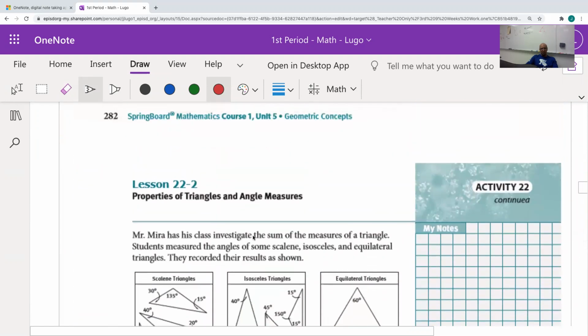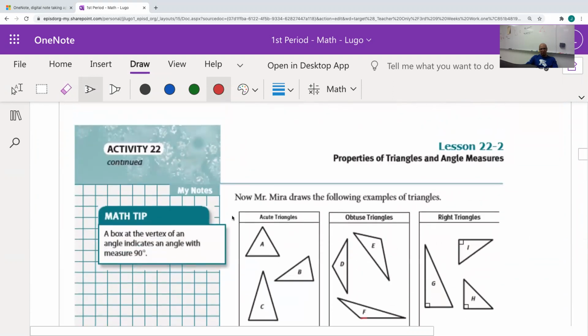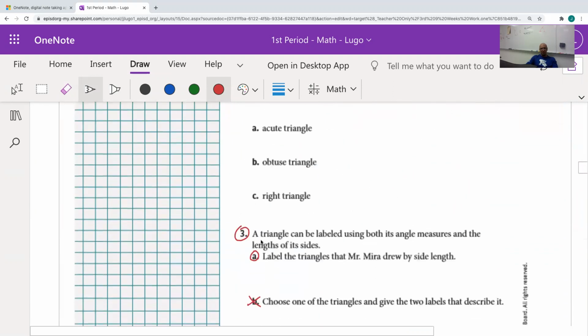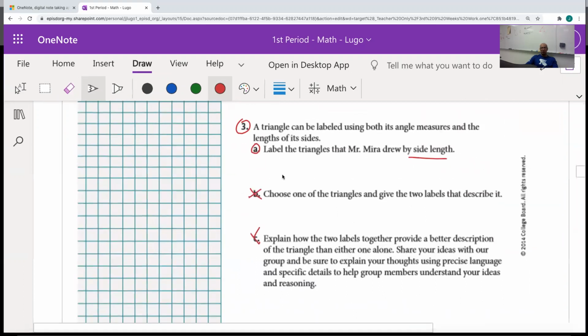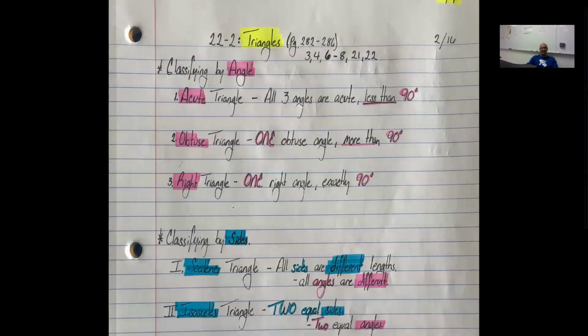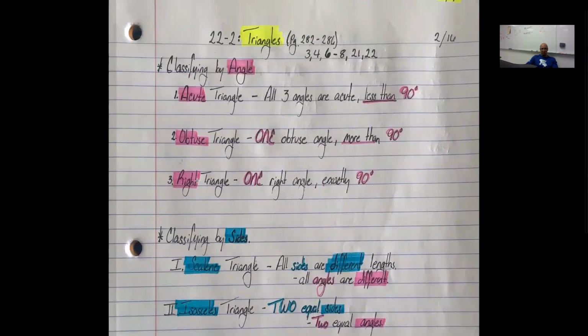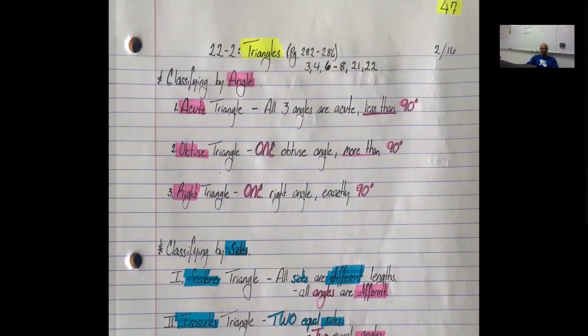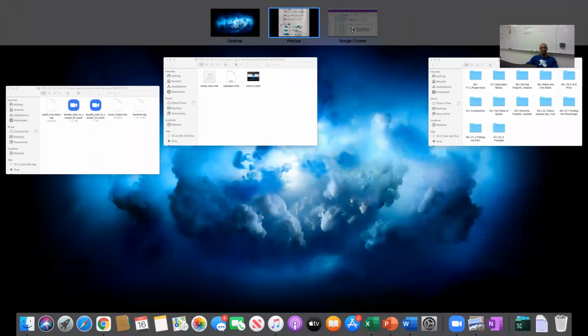All right, so going over to number 3, what we have to do is label these triangles up here, all 9 of those, by their sides. Now, if we look at our notes, if we're labeling by the side, that means that we're going to label them either as scalene, isosceles, or equilateral. Those are side labels. Acute, obtuse, and right are angle labels. By sides is scalene, isosceles, or equilateral.